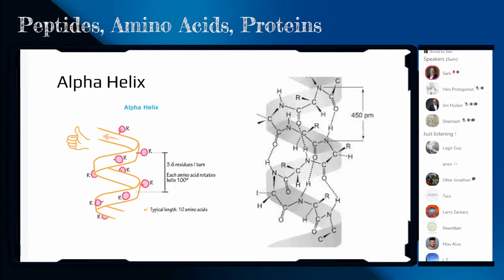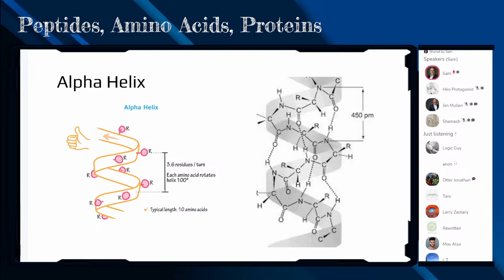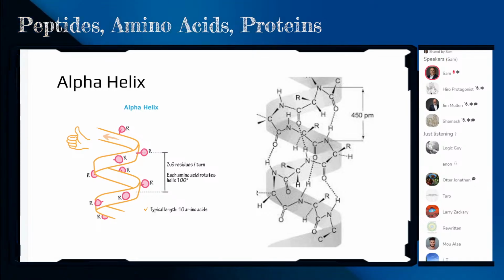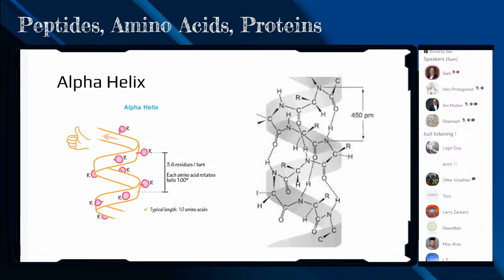Slide 21 is the alpha helix. So we see on the left-hand side that the amino acids kind of arrange themselves in a helical structure. It's a right-handed helix, like all other helical things in nature. And there's some data about the length, the degrees, the things that we don't really go into.